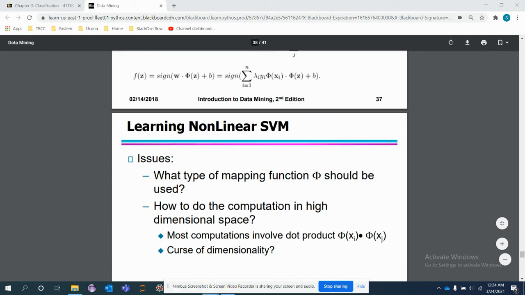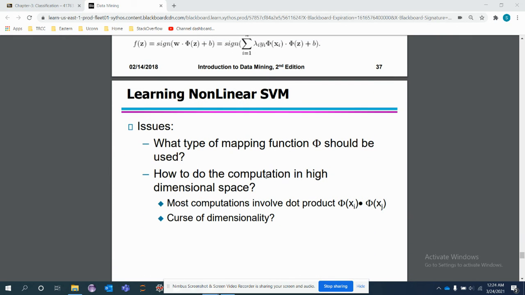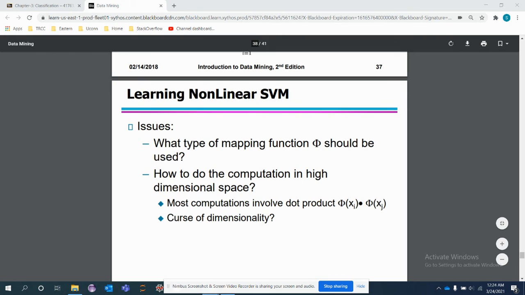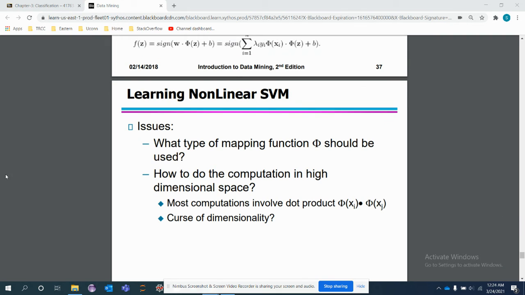Then what are the disadvantages or limitations of nonlinear SVM? The main issue is that sometimes it is a little complex to define the mapping function, and while transforming the data into the high dimensional space, the computation is also complex.